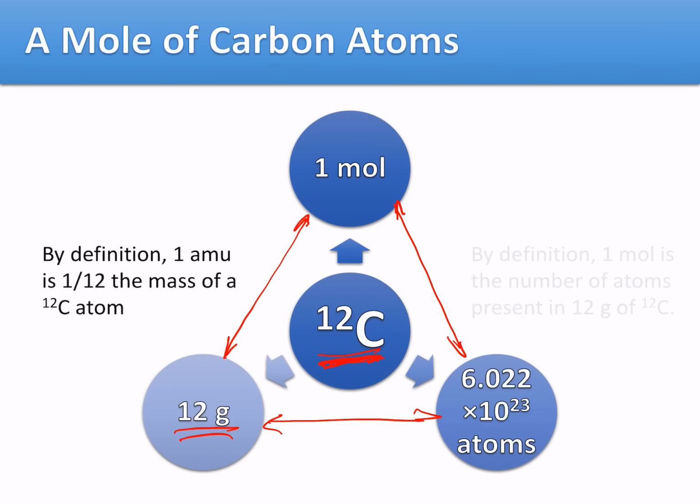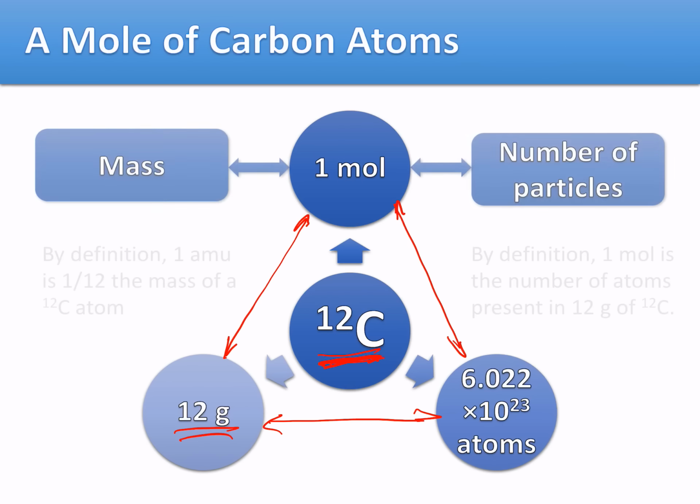So the important thing here is that you see a triangle here, because now you have sort of a 3-way conversion factor that allows you to convert between mass and number of particles, and that number here, the mole, is basically the middleman in this transaction. So the good thing about the mole is that it stays constant for any substance that you use.